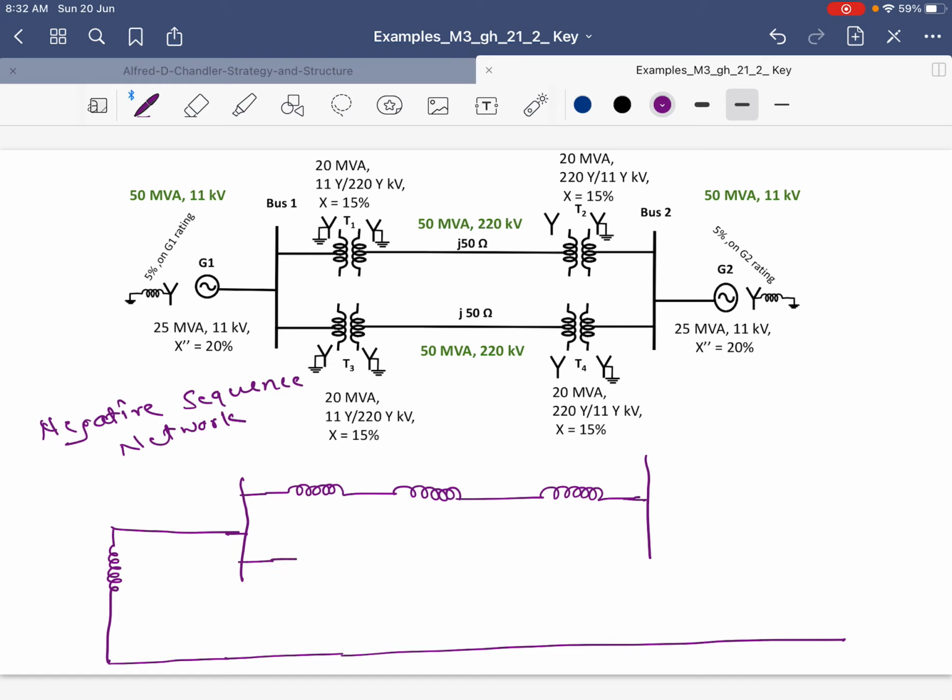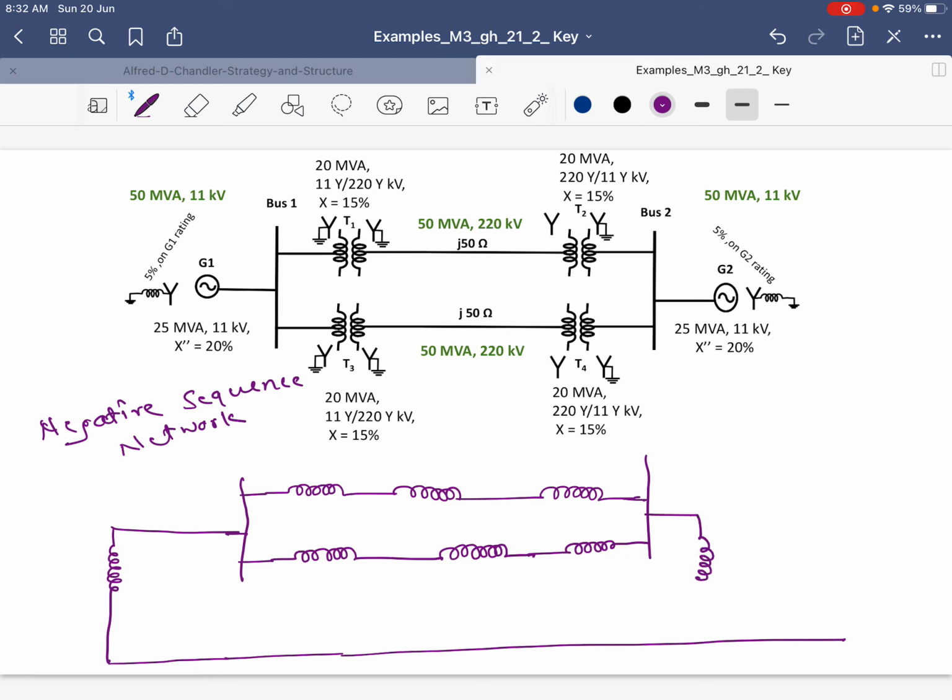The next line has T3, then another transmission line, then transformer T4, which is connected to bus number 2.